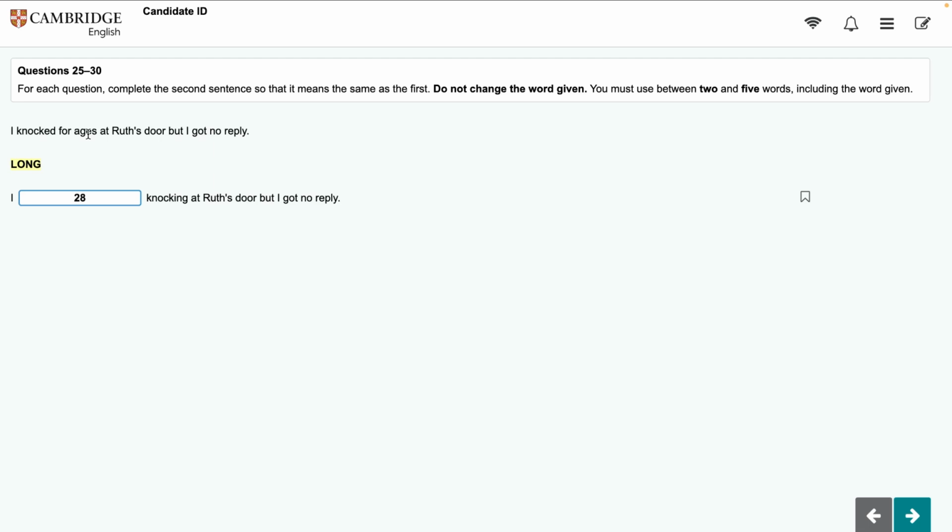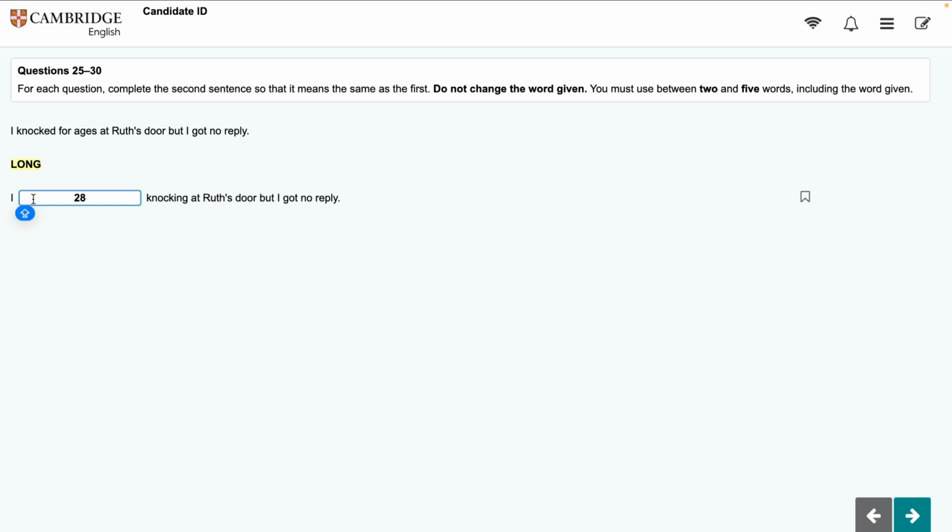Let's rephrase it in a simpler way using this keyword. I spend a long time knocking, right? And now, this second sentence is exactly the one I've just mentioned to simplify the sentence above.